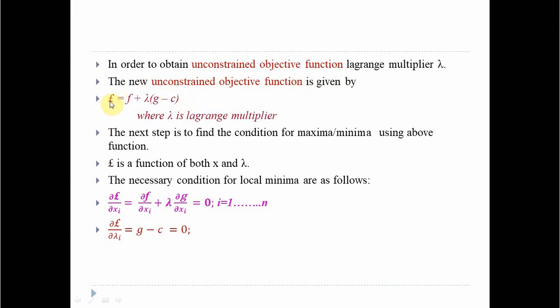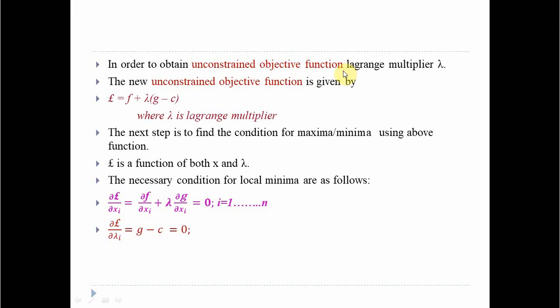This function is the unconstrained objective function, which is equal to the constrained objective function plus Lagrange's multiplier lambda into the equality constraint. So you have the objective function plus lambda into the equality constraint. Now this will give you an unconstrained objective function.